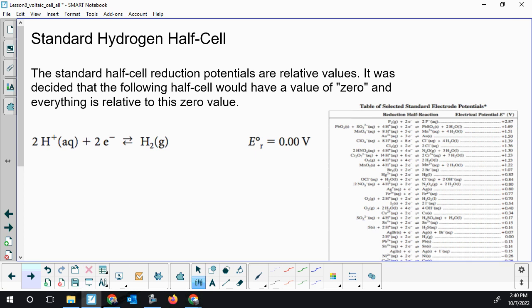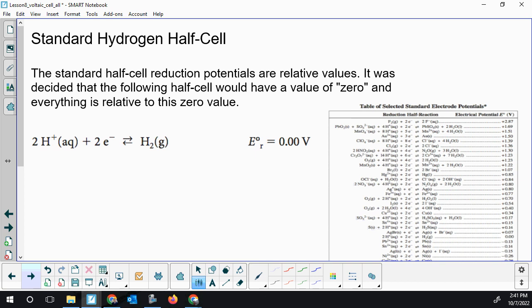So the standard hydrogen, hydrogen ion to hydrogen gas at 1 mole per liter is our reference or our 0, and everything is measured relative to it. Every single value you see in the table was calculated by hooking it up to a hydrogen half cell, and whatever was measured on the voltmeter is the number that was put in your table.